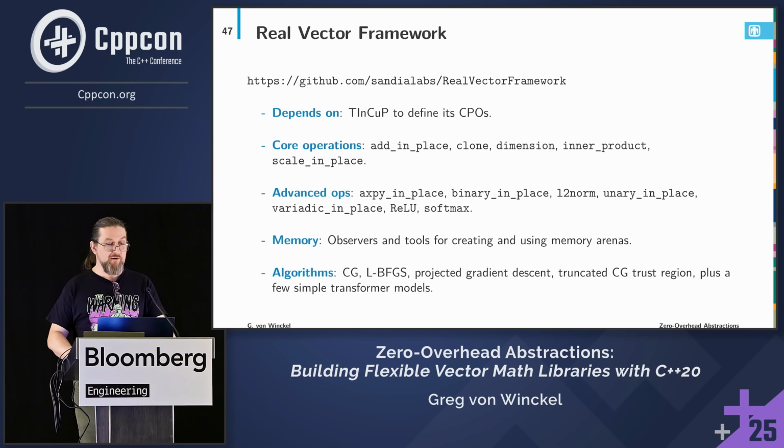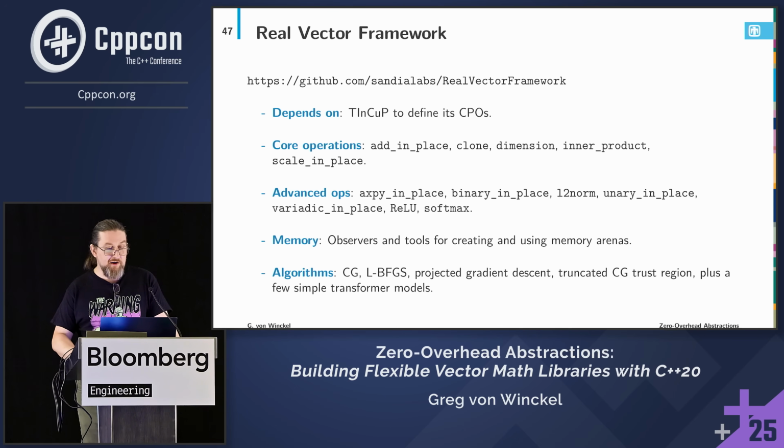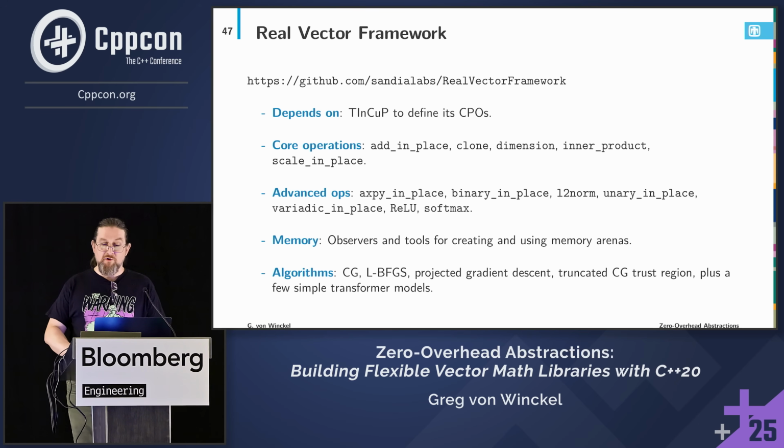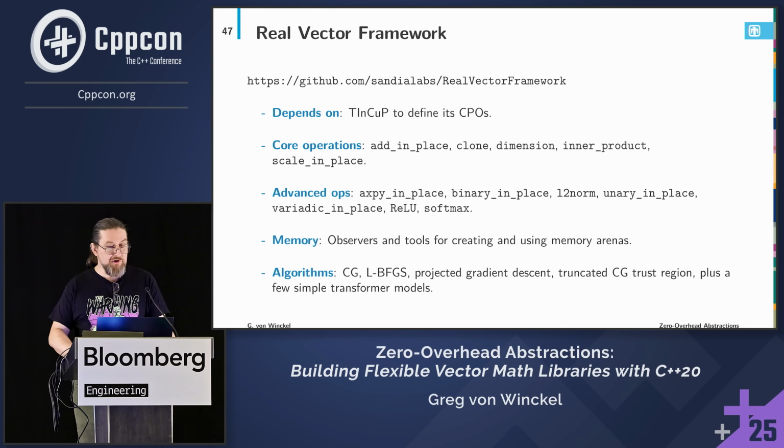Not terribly surprising. And there's also a few algorithms that are implemented. So I've implemented the conjugate gradient, limited memory BFGS, which is an optimization method. They use line search as a projected gradient descent and a truncated CG trust region method. And there's also a few transformer models.